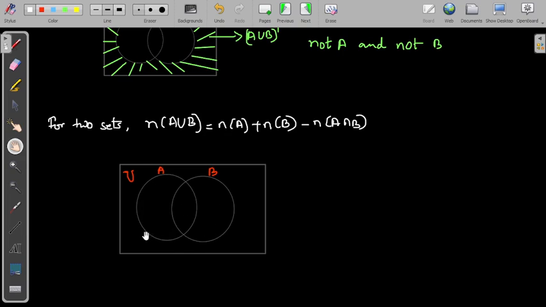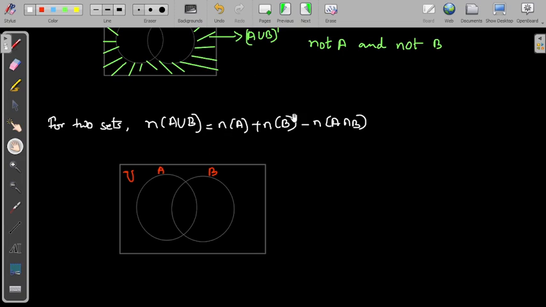Now we add the number of elements in A and in B. If we do this addition, the intersection region, the common region, gets added up twice. So we have to subtract it once to get the number of elements in A union B. That's the explanation for the formula. You have to remember this formula, which is very important to solve practical problems involving two sets.